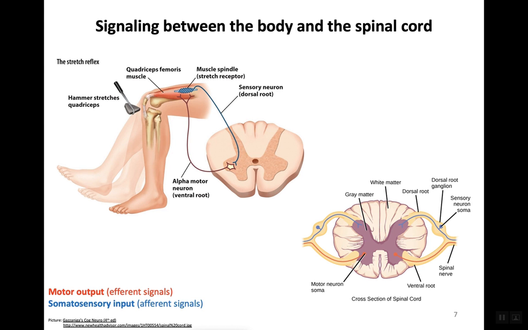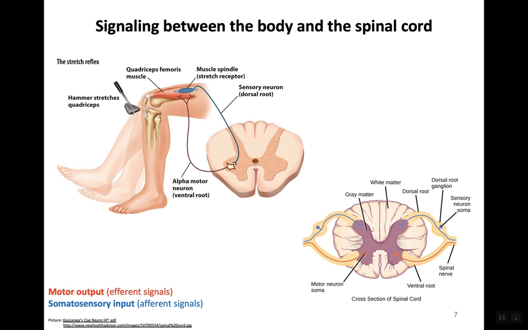Okay, so now if we go up one level into the spine, you might remember from previous lectures that this is where some motor neurons reside. And these are the neurons responsible for sending signals to the muscles, and therefore responsible for their contraction.